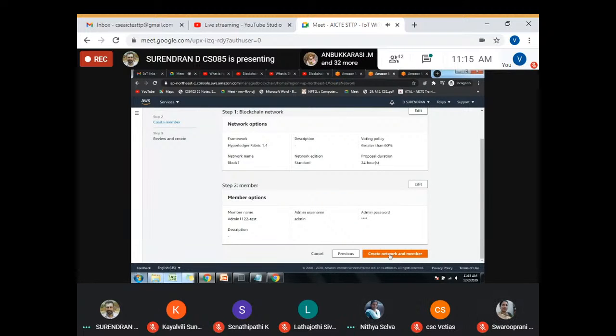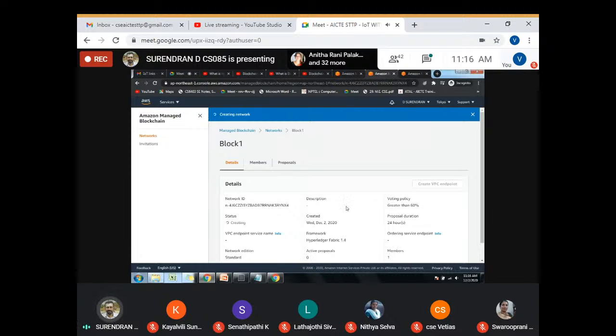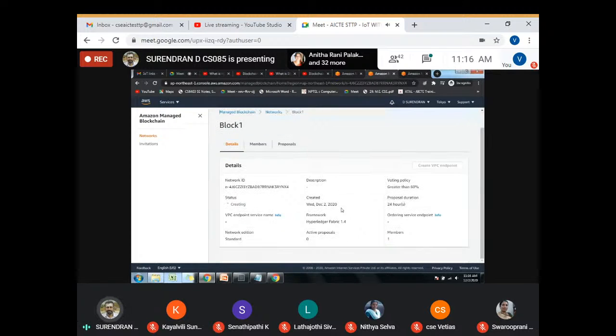Okay. Now this is the thing to understand: we are going to create a network and a member, and this will take a long time, depending upon the virtual machine. Now we can see the status of creating, right?